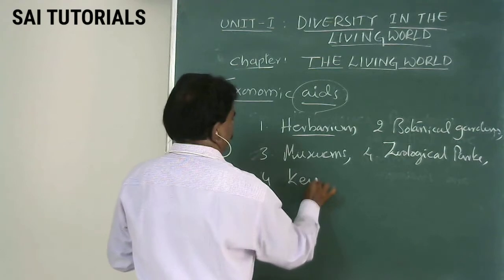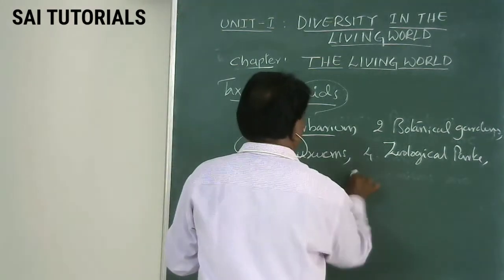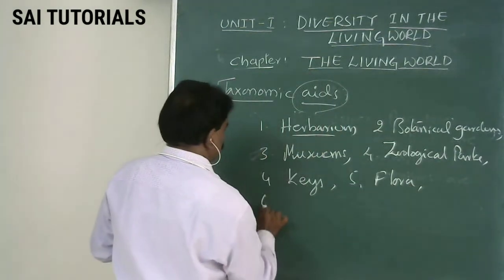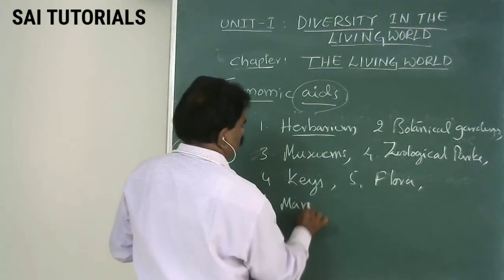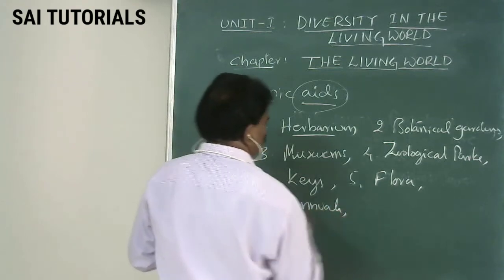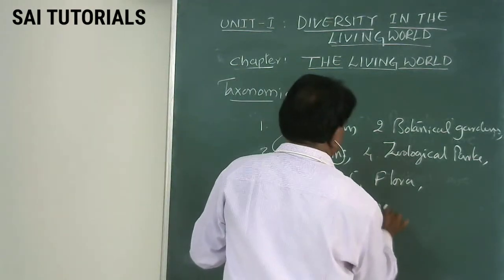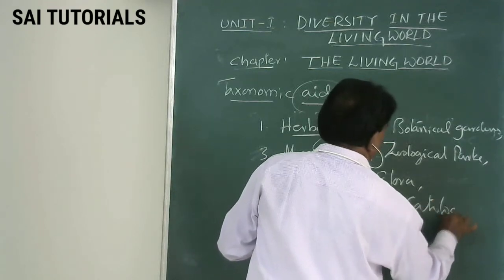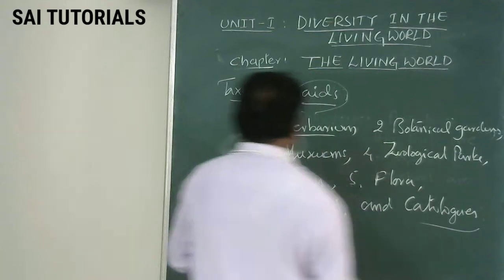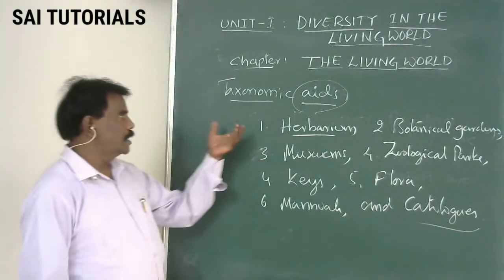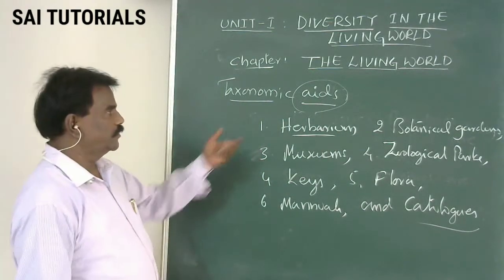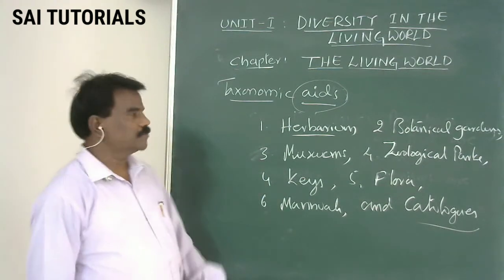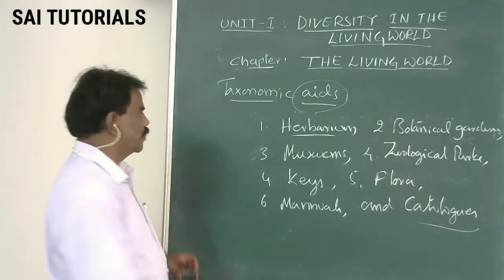Fifth, flora. Then manual and catalog. These are some of the taxonomic aids we can use for identification and classification of the organisms. Let us see them one by one.